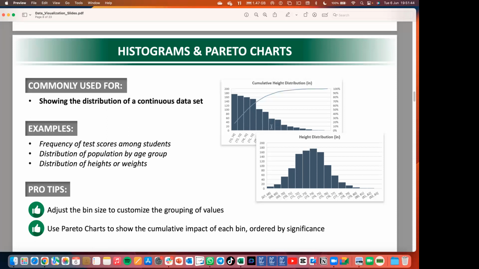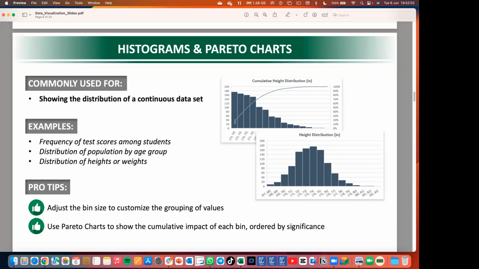Now, the good thing with the Pareto charts is that they will always sort your distribution from highest to lowest. Then the Pareto line will always give you the impact. That 73 to 74, which is the highest, brings a low impact to these numbers. Anyway, we shall explain that.